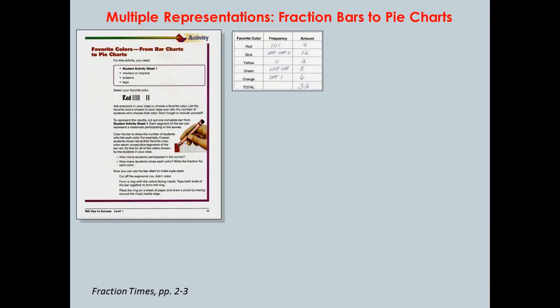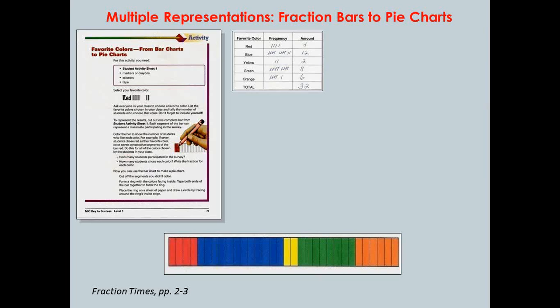Let's take a look at another activity in math and context. In this unit, called Fraction Times, students conduct a survey to find out about their favorite color. Then they take the survey results from the frequency table and color the segmented bar.